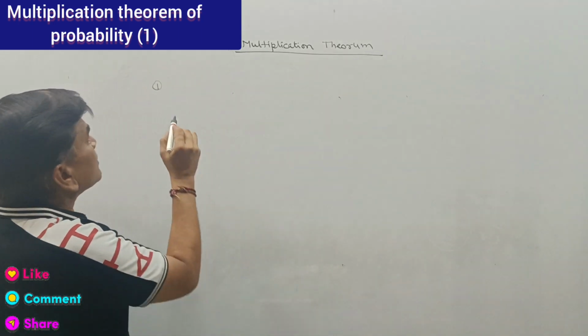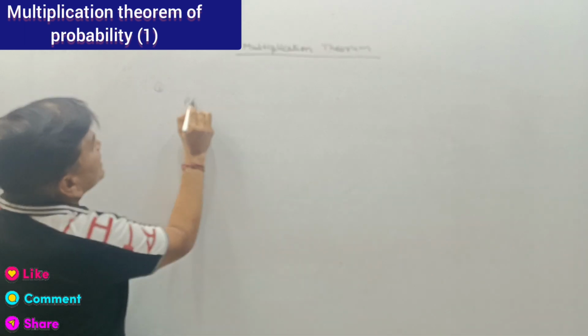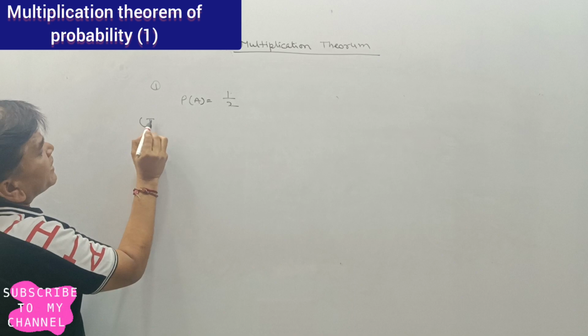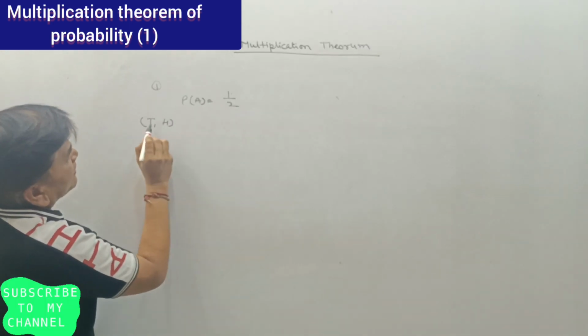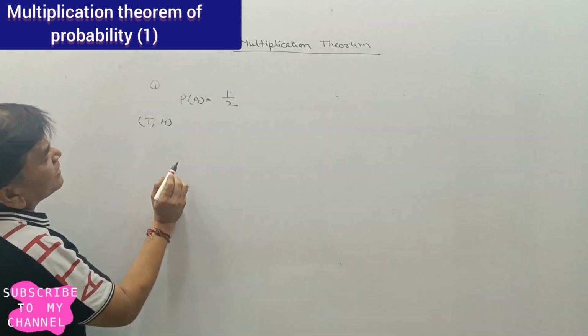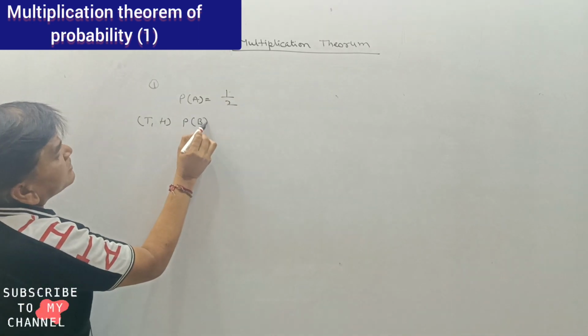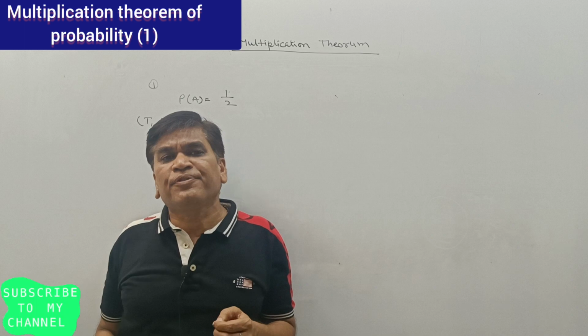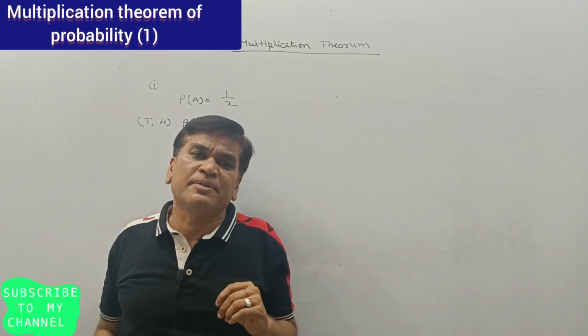The probability of getting the first head is 1 by 2, because tail and head are 2 events, and the favorable event is head, 1. The second toss is totally independent of the first event.